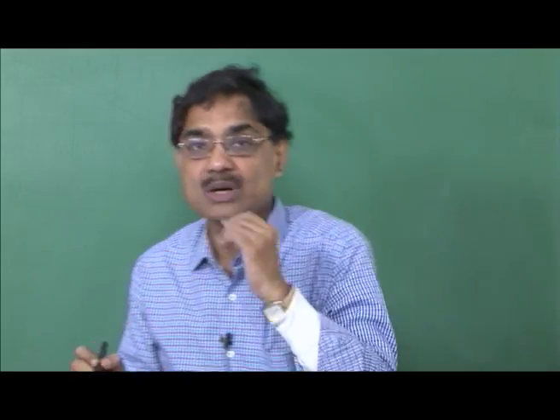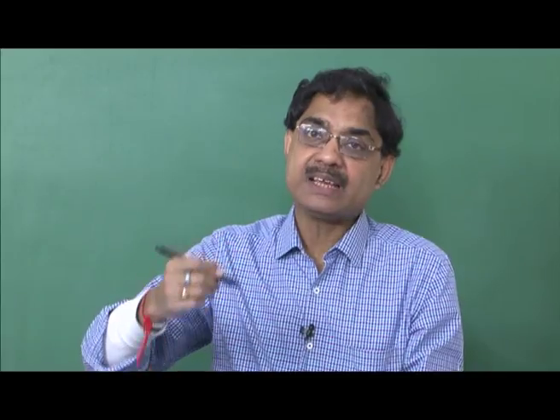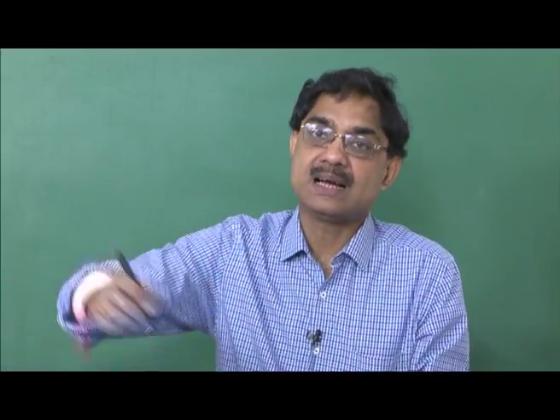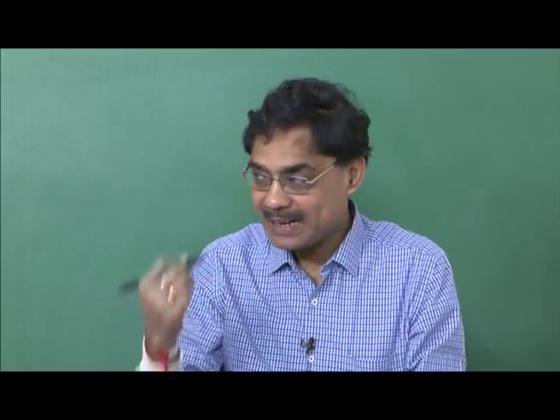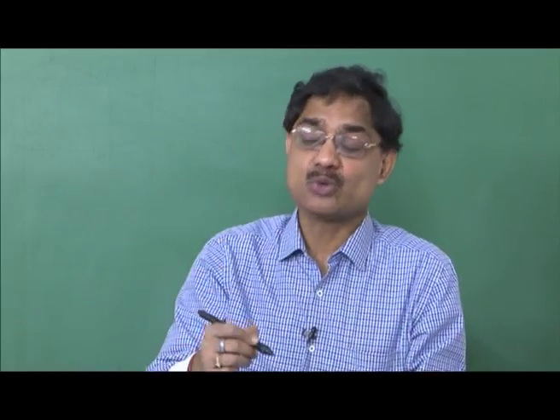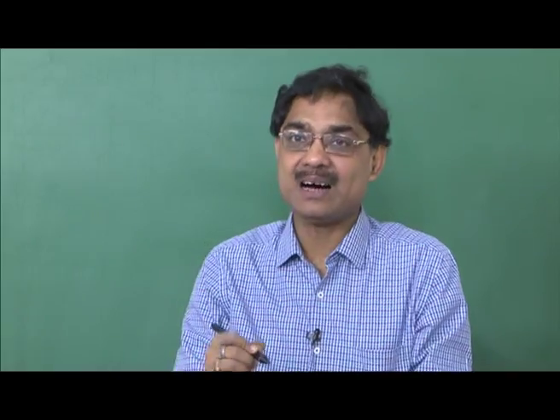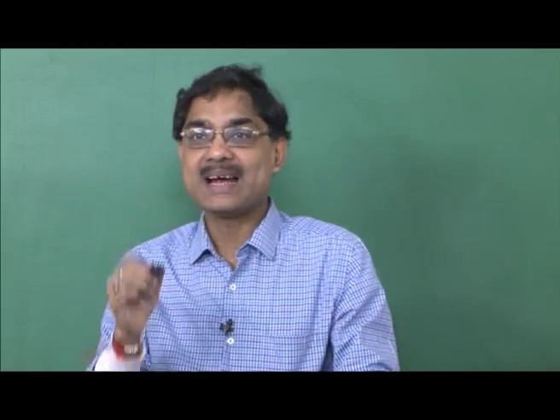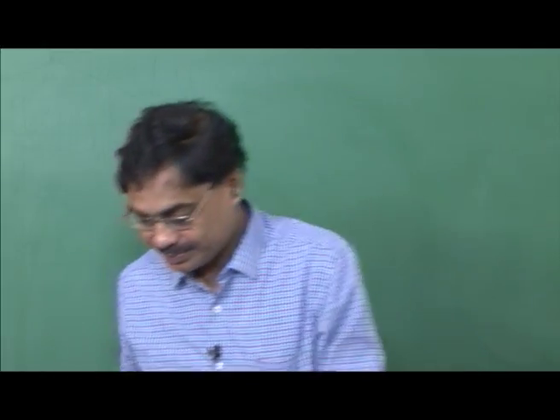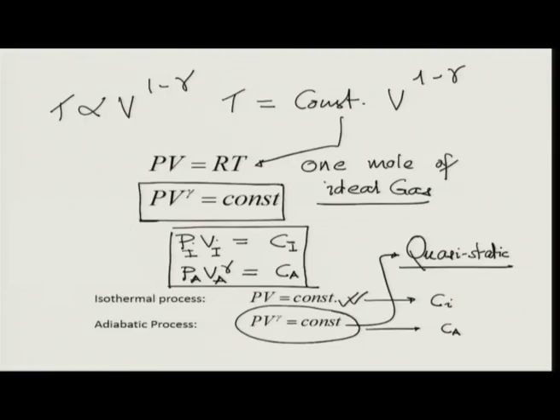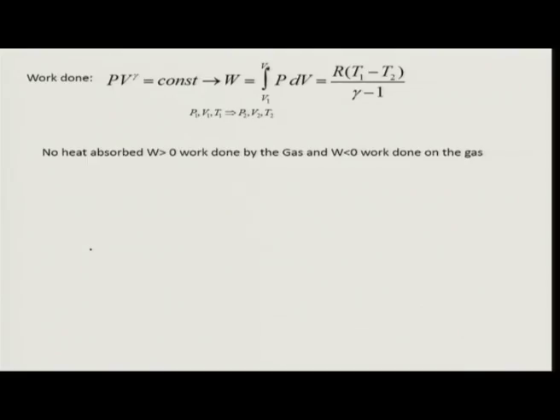Given two curves on the PV plane, I am telling you one is isothermal and one is adiabatic. You have to tell me which is which, by looking at the slope of the curves. This is a hint.